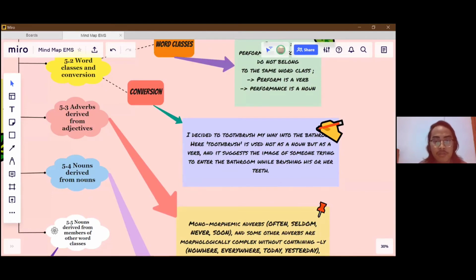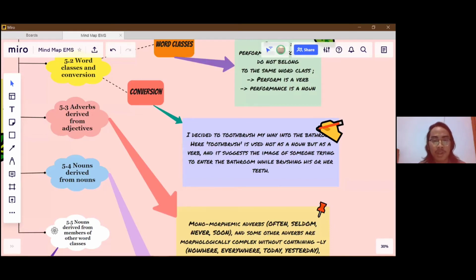The function of conversion is usually used to describe the situation where a change in word class is not a result of affixation and is only signaled by its overall grammatical context.